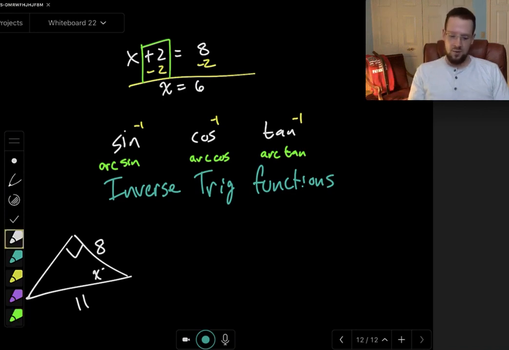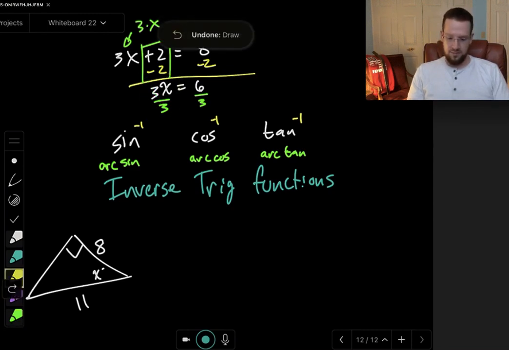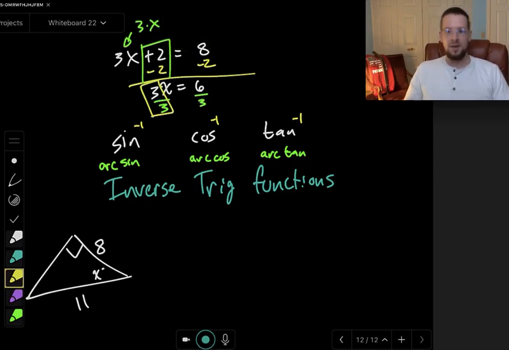And then furthermore, let's actually make this a 3. So if this was 3x, this is multiplication here, right? This is 3 times x. And so the inverse operation of multiplication is division, right? So again, this would be an inverse operation here. It multiplies by 3 on the top, divides by 3 on the bottom.